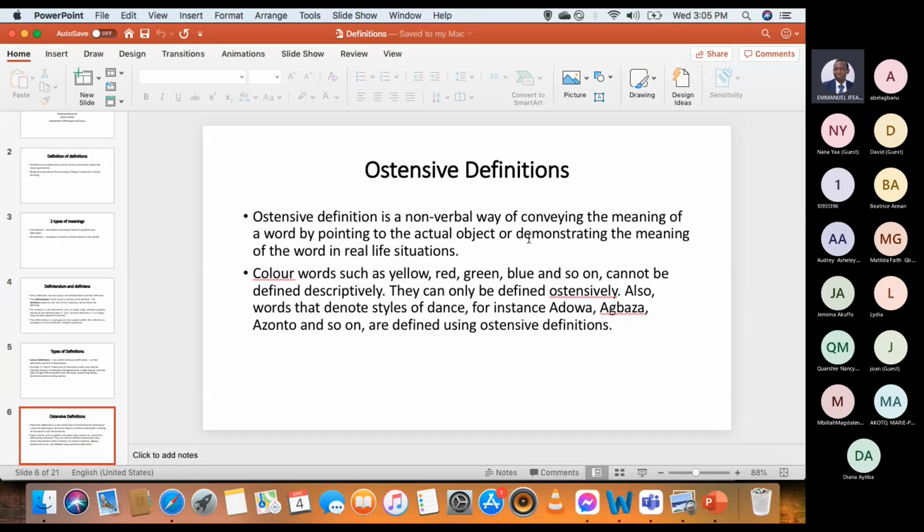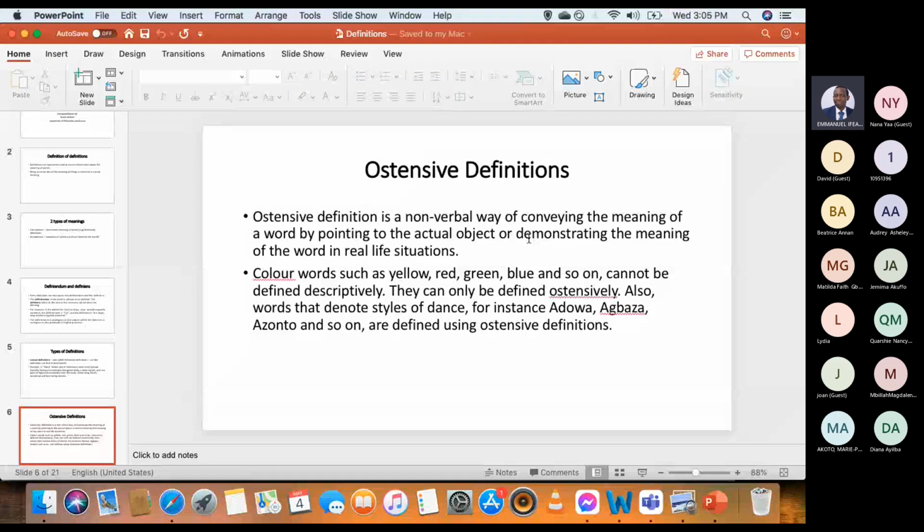You can't describe those things. They have no descriptive meaning. If you want to let someone know what yellow is, you can only refer to the denotative meaning. That is, you can only point to a yellow object and tell the person this is what yellow means. So those are ostensive definitions.